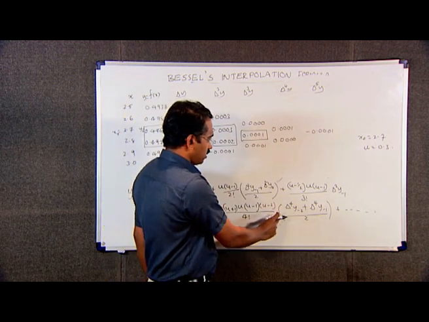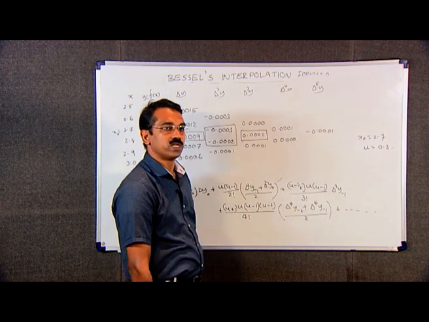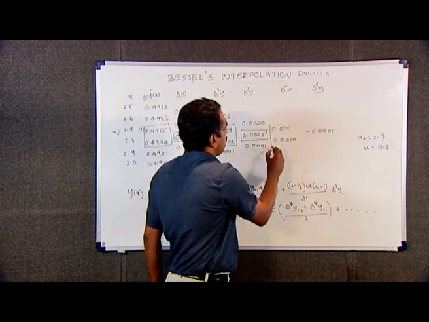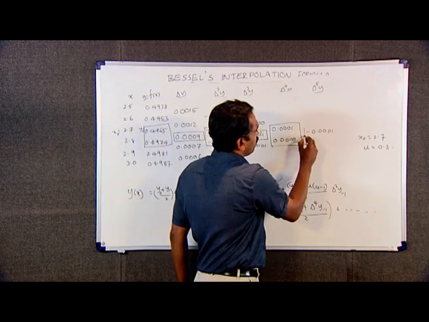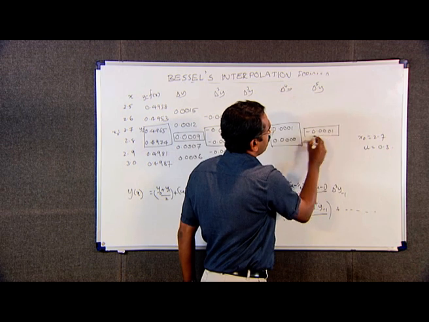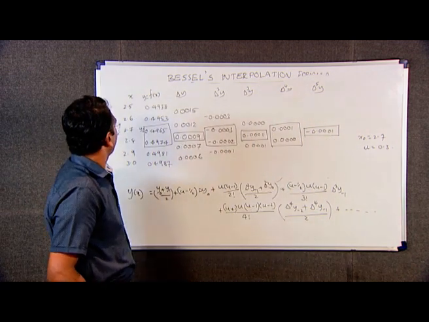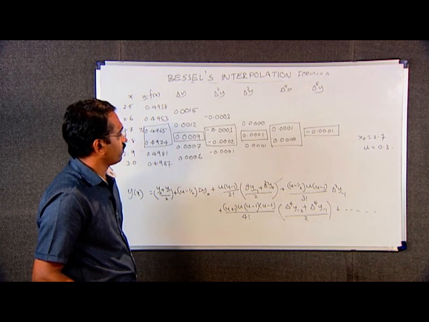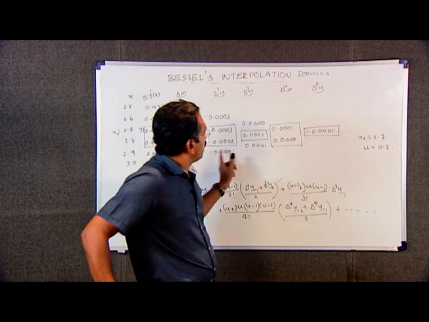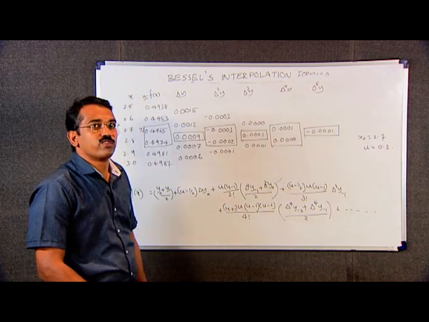In the next term, delta raised to 4 y minus 2 and delta raised to 4 y minus 1, these two values. And in the next term, delta raised to 5 y minus 3. These values will go into this formula.